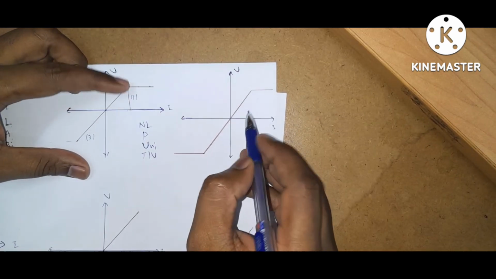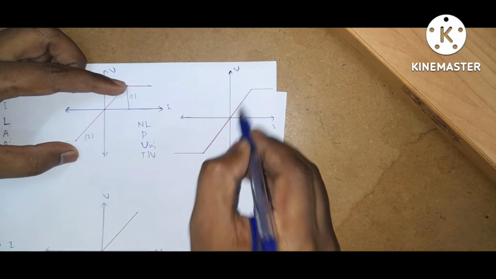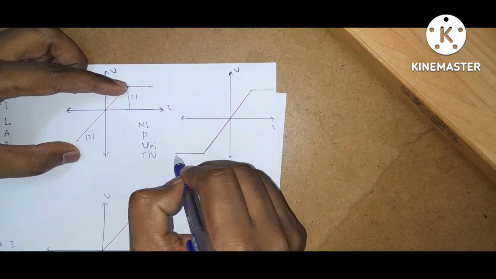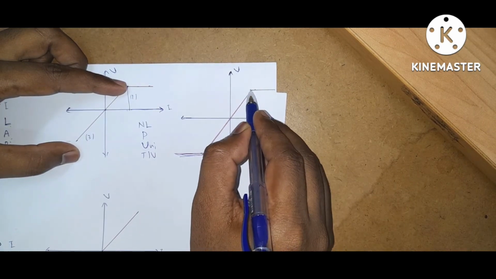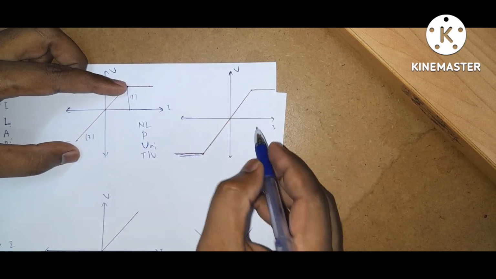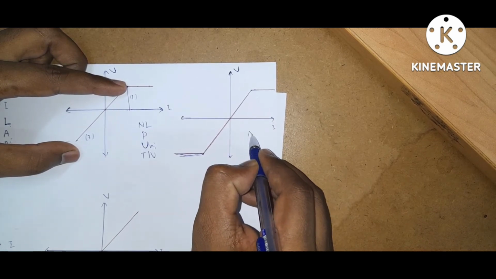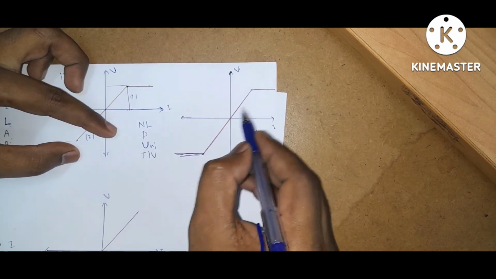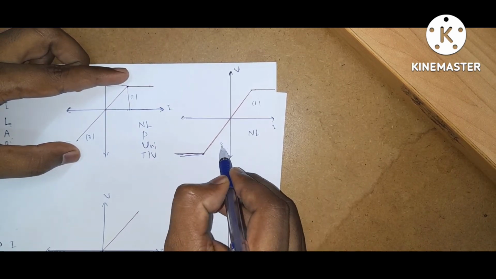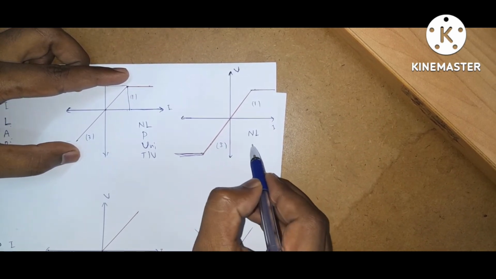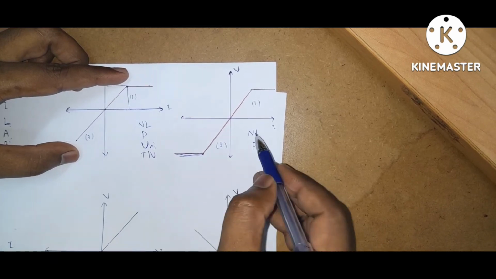Coming to this graph, from here to here it is linear, but even though the current increases positively and negatively, voltage is constant, so this is non-linear. The characteristic lies in the first coordinate and third coordinate, so this is a passive element.